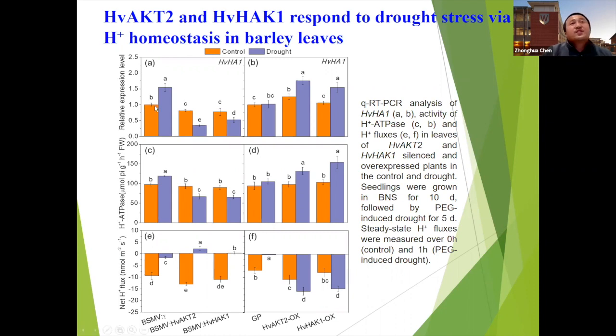This figure shows that the proton pump gene is significantly reduced in expression in the two silenced lines, while in the overexpression lines the expression is increased, although it's not a few-fold difference, but there are some differences. And this is also evident in the enzyme activity assay, with similar trends.